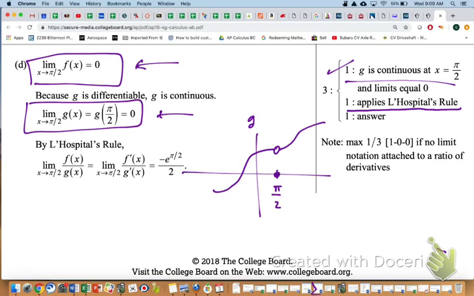So in order for this to describe the behavior, the function actually has to approach it. And the only way that could happen is if you have a continuous function. We know that the function g is continuous because we're told that g is differentiable. So like I said, that's a subtle little trick, and I think you could be forgiven for not making that connection. It'd be awesome if you did, but I think it's subtle enough that it would be really impressive that you got that.